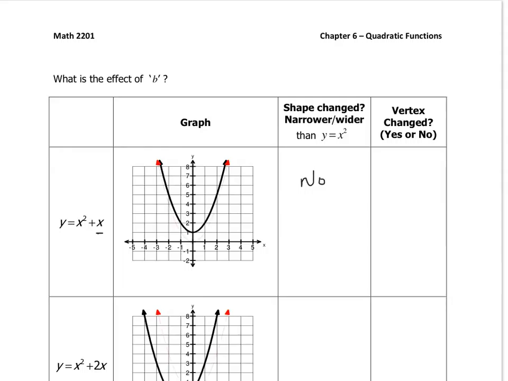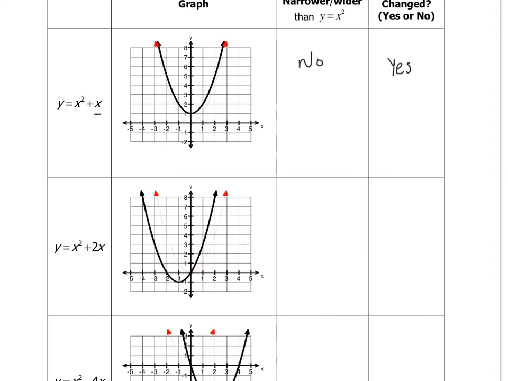Is the vertex changed? Yes. And if you look at the second one, y equals x squared plus 2x, again it doesn't appear to be much wider or narrower than the original y equals x squared graph, which is in red. So there's no change to the shape, and the vertex is changed.